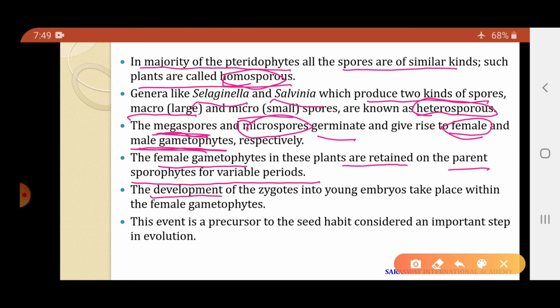The development of the zygote into the young ones takes place within the female gametophyte.